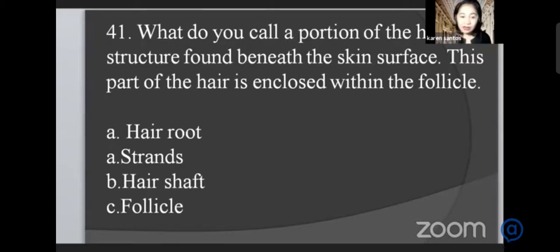Dun sa question before, number 41. Again, what do you call a portion of the hair structure found beneath the skin surface? This part of the hair is enclosed within the follicle. A, hair root. B, strands. C, hair shaft. And letter D, sorry, follicle.